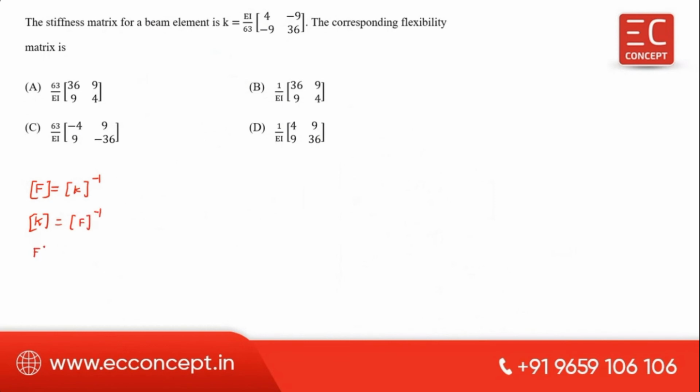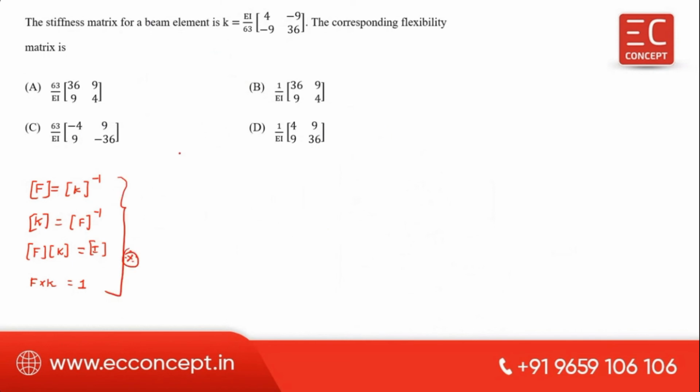Meaning the product of the flexibility matrix and the stiffness matrix is equal to the identity matrix, so you will get 1. These points are important for your upcoming examinations.